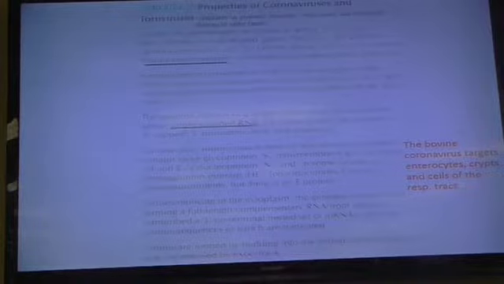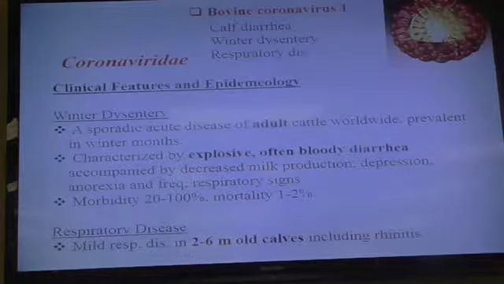So then, if they target those locations, the expectation is that we will have a problem with diarrhea, necrosis, and we'll have a problem also in the respiratory tract for the respiratory symptoms.